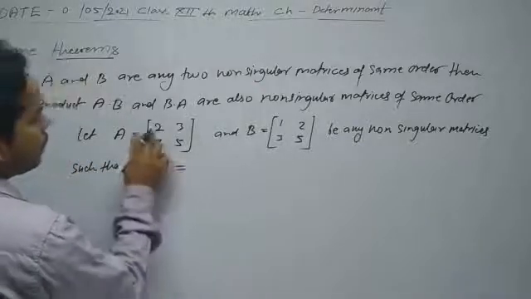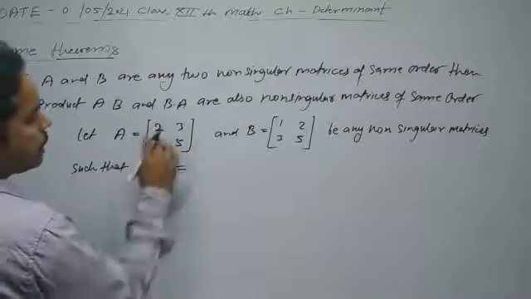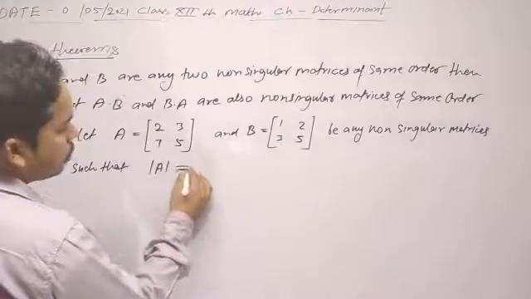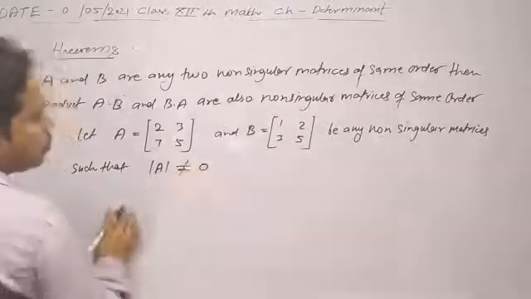Determinant of A, when you calculate orally, 2 5s are 10 minus 21, that is minus 11. So the result is not equal to 0.